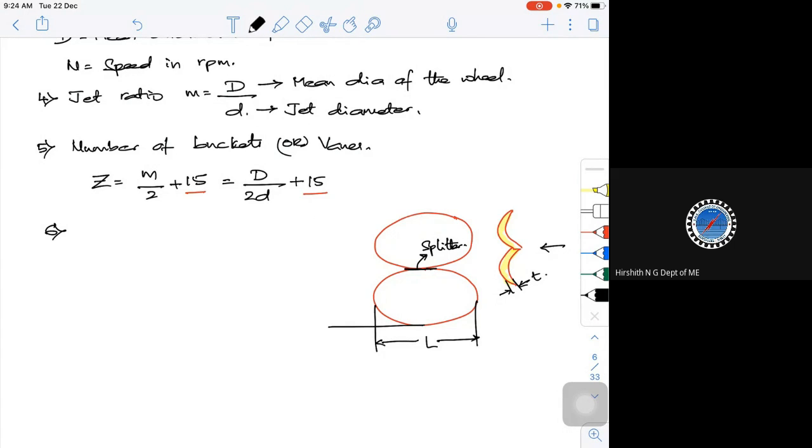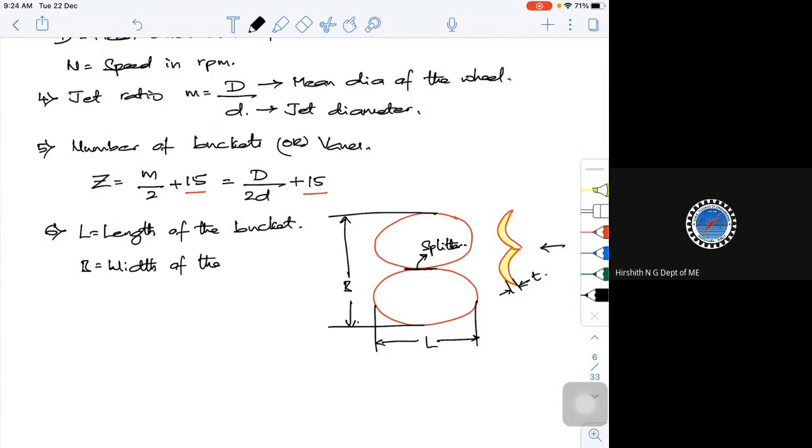It's just a sign convention. So L is the length of the bucket or vane, B is the width of the bucket or vane, and T is the thickness of the bucket.